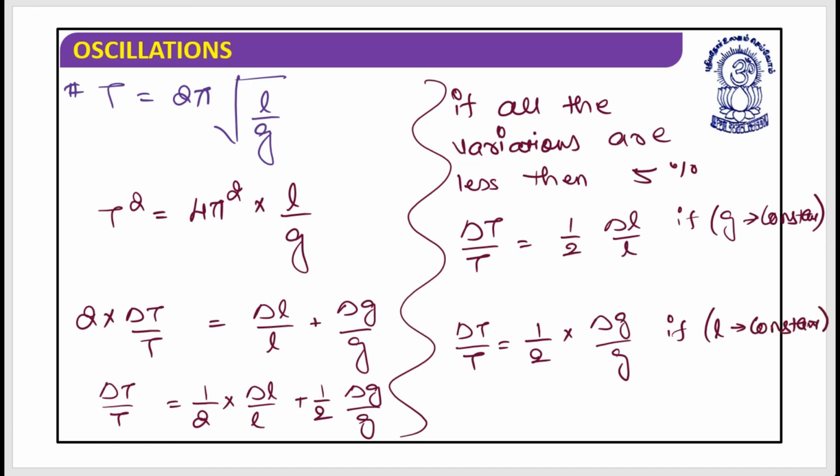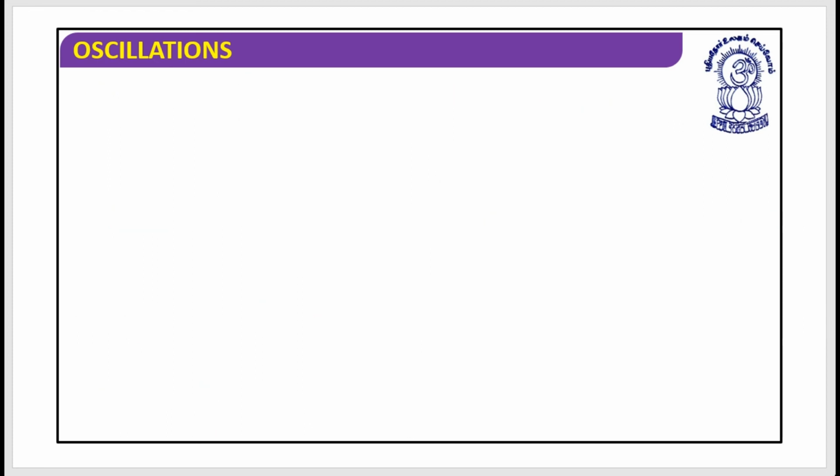But this is applicable only if these variations are less than 5 percent. If the variations are greater than 5 percent, you need to use a manual mechanism to find this out. I hope this is clear. So let's take some questions and you will get a better idea.